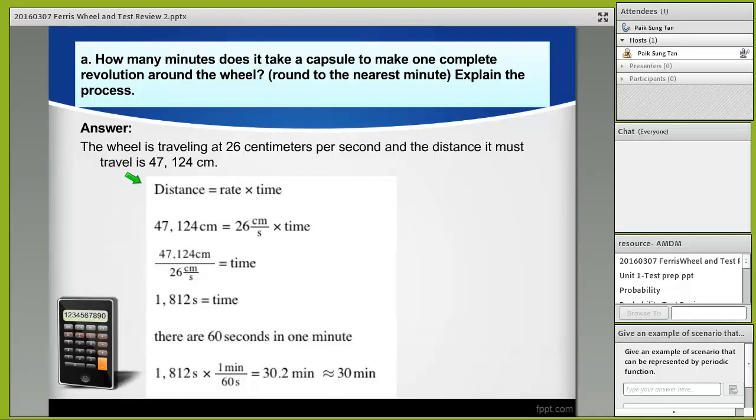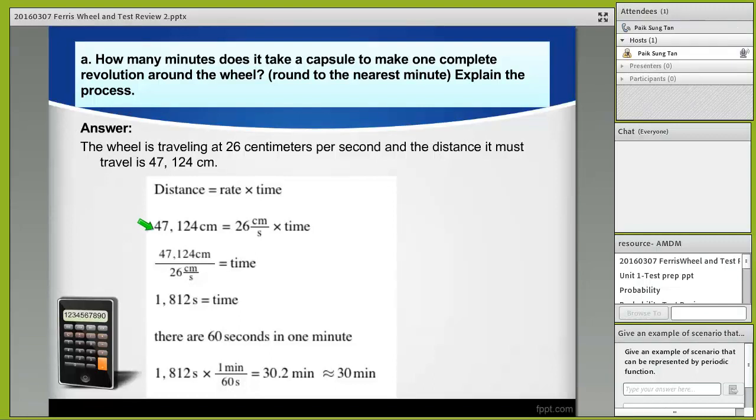So using our most basic formula, distance equals rate times time. The rate that was given is 26 centimeters per second. You put it right here. And the distance is the whole circumference because that's what we calculated.